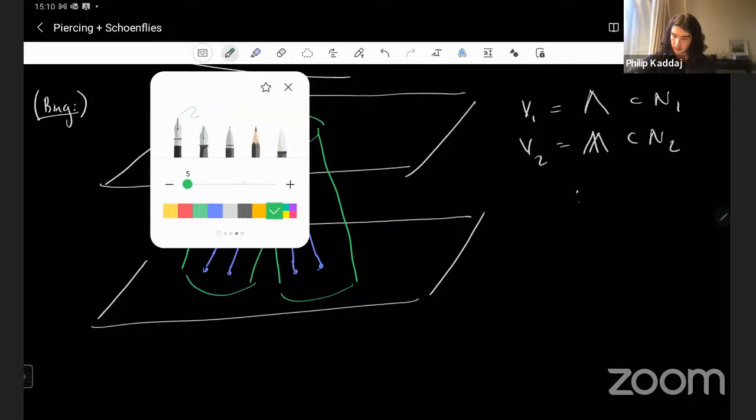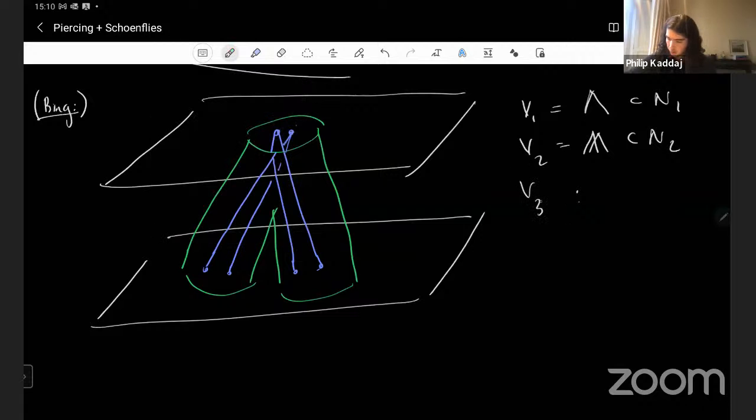And then V3 to be each of these V's. We repeat the same process, so we will have 4. And so on, and Vn will be 2 to the n V's.